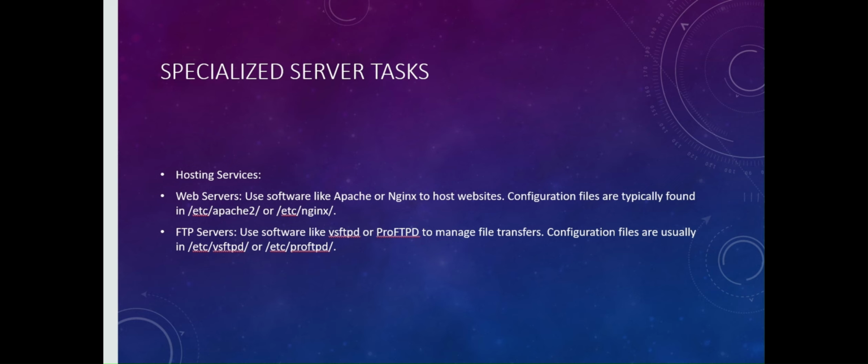Configuration files are typically found in /etc/apache2 or /etc/nginx, while FTP servers use software like vsftpd or ProFTPD to manage file transfers. Configuration files are usually in the /etc/vsftpd or the /etc/proftpd directories.